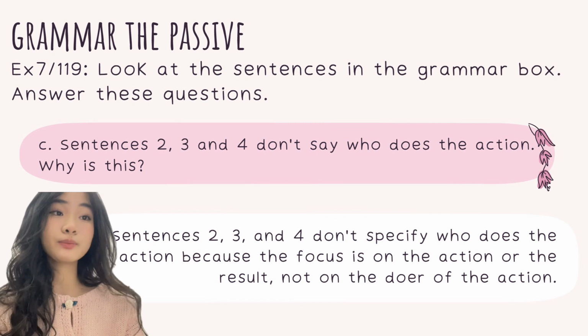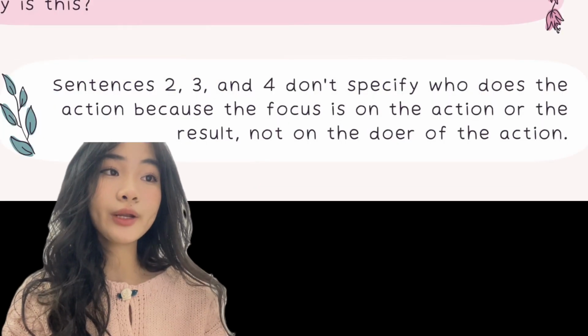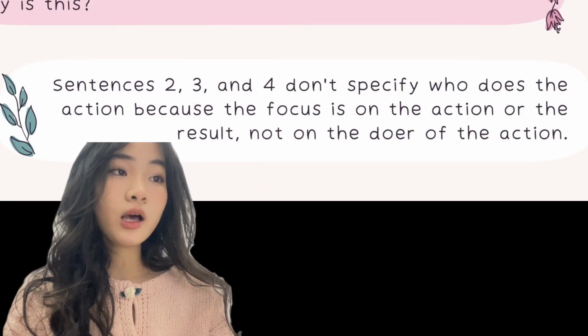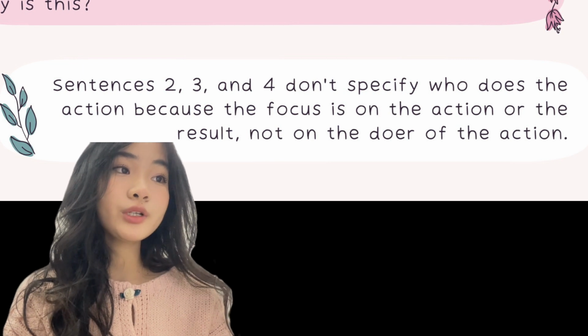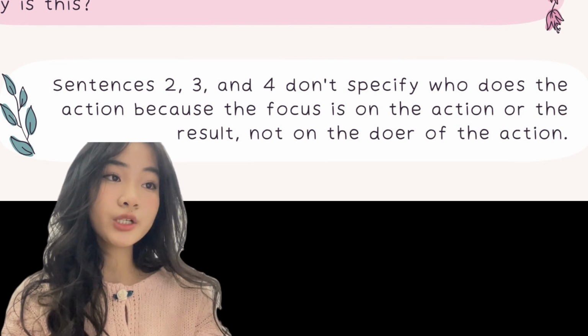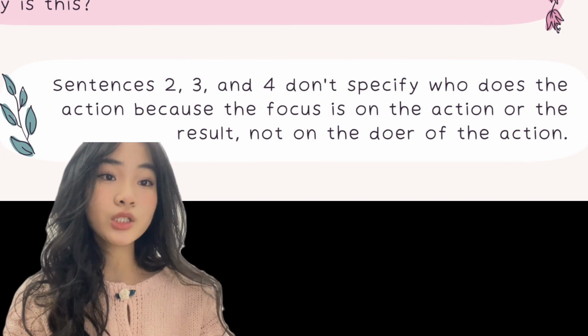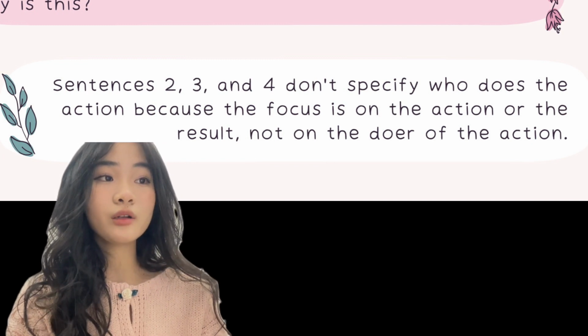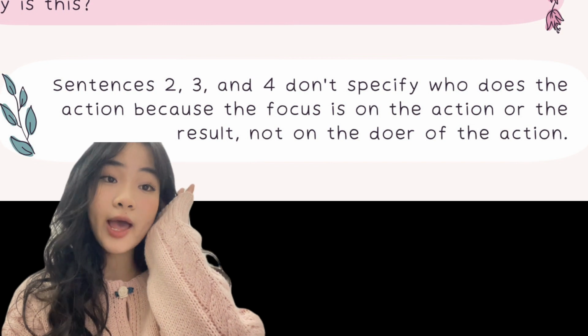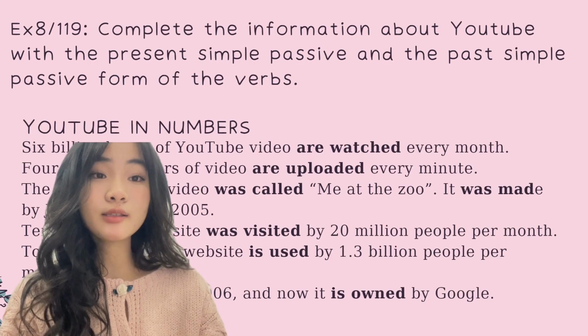Why is it? Sentences 2, 3, and 4 don't specify who does the action because the focus is on the action or the result, not on the doer of the action.